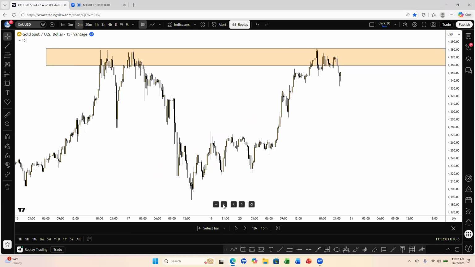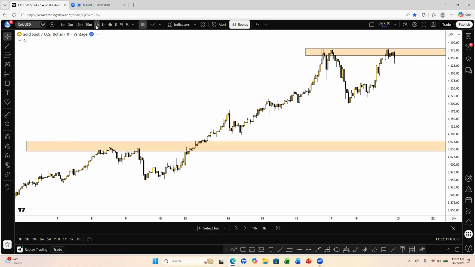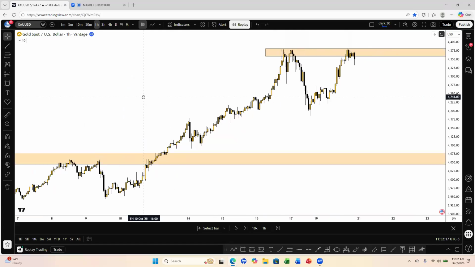When you're looking for zones, you're looking for anywhere where price broke through and pushed away. Yes. You see what I'm saying? So anywhere price resisted and then it broke through and it came back and retested, that's where you would draw a zone. So usually if it'll consolidate, so to speak. Yeah.